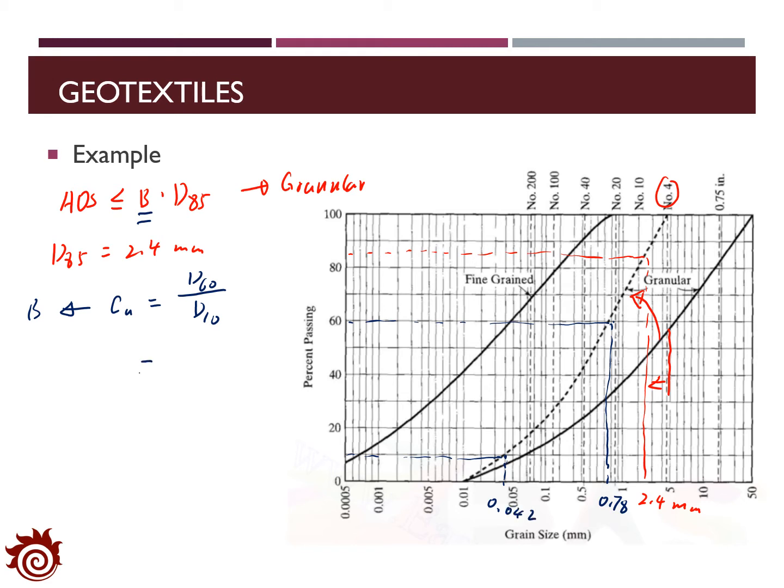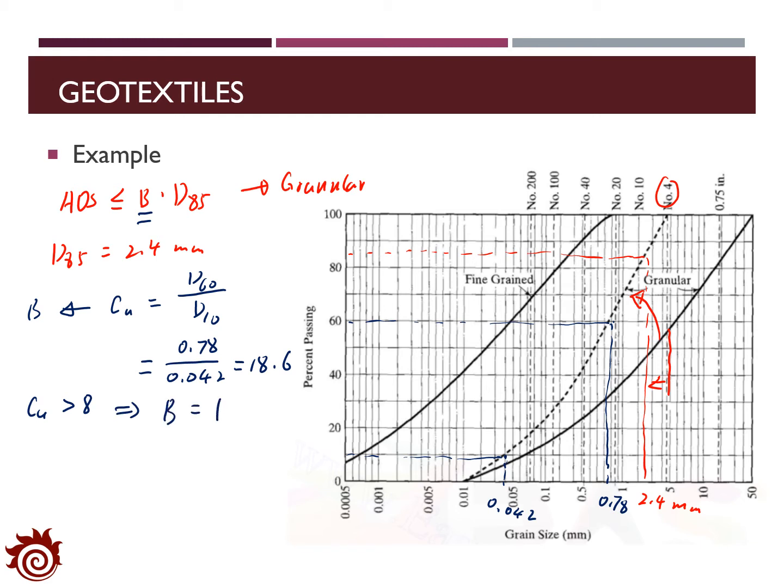So we get the value as 0.78 over 0.042 equal to 18.6. We find that CU is higher than 8, which can give us the value of B as 1.